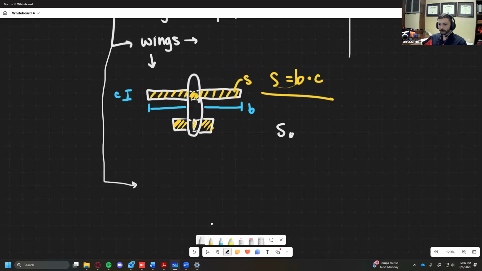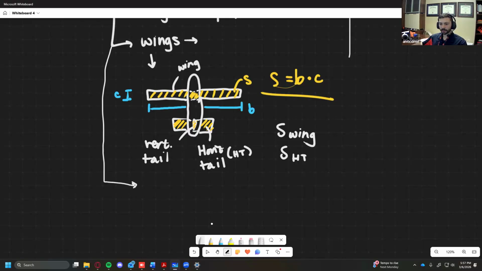You're going to have S of the wing, which is what we call the wing. You're going to have S of what I call the horizontal tail, and I'll call that HT for short. And then you're also going to have the vertical tail, which I will call VT for short.